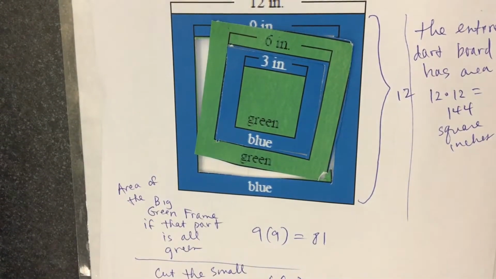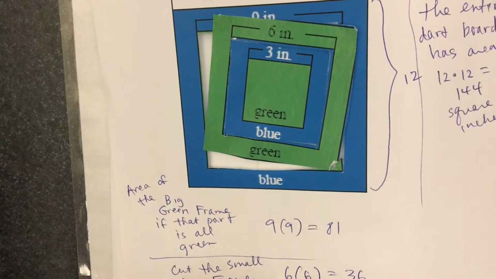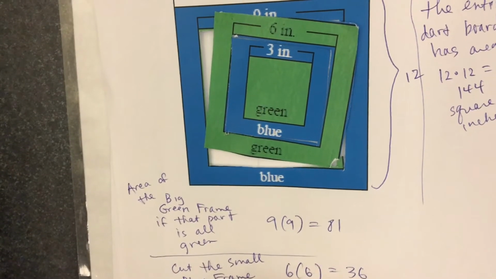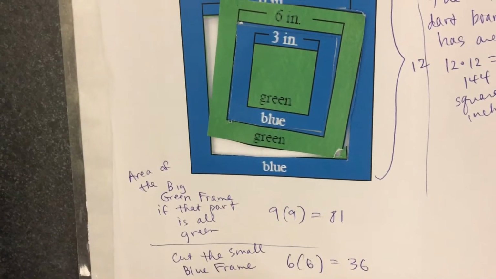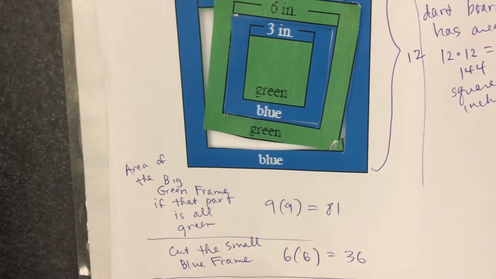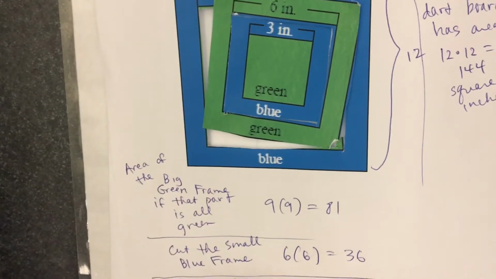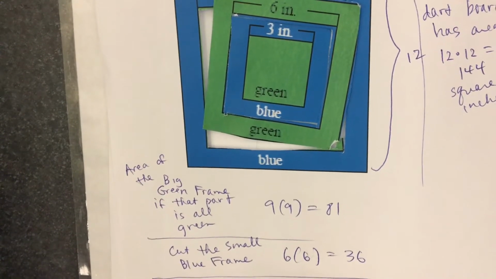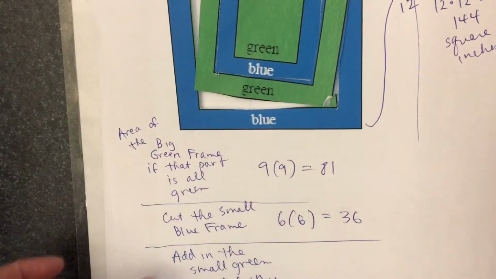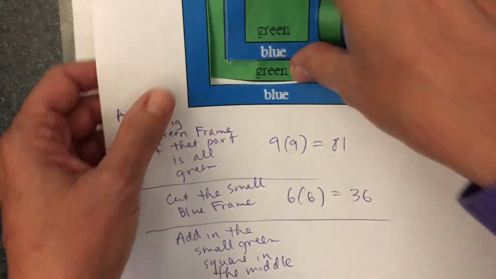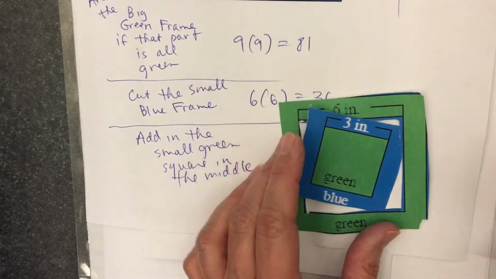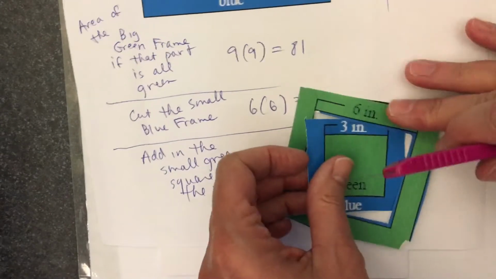And it's like, oh, well, wait a minute. We have to add in the small green square in the middle. So I'm going to go ahead and cut again. I'll cut out the little green square.